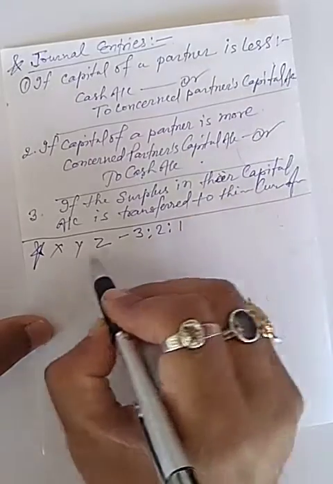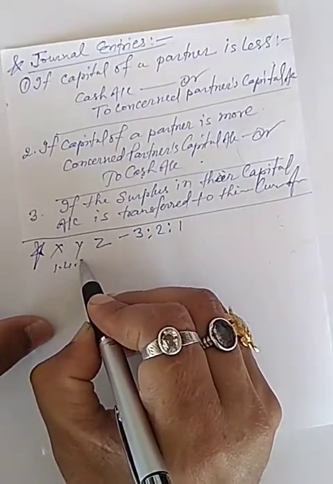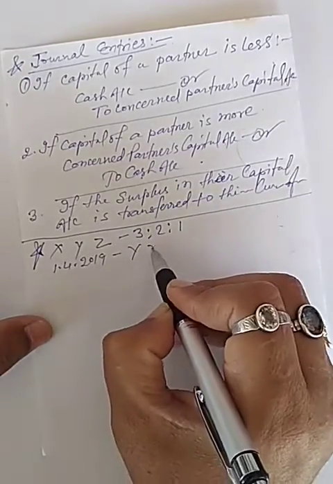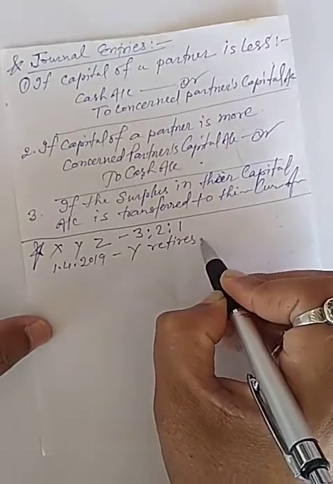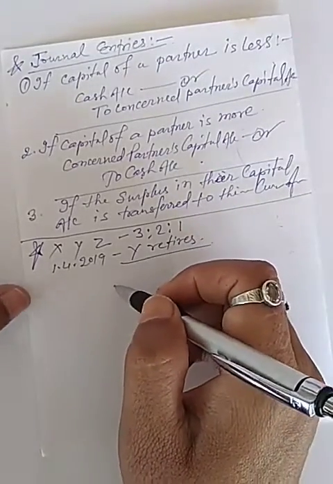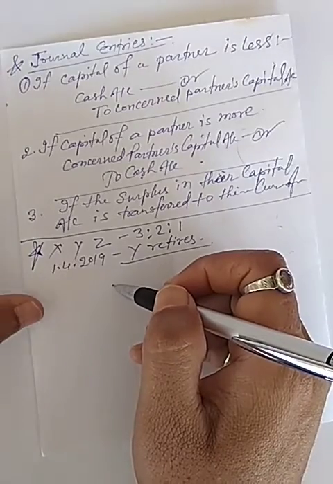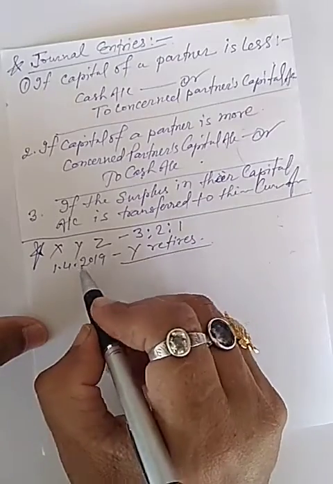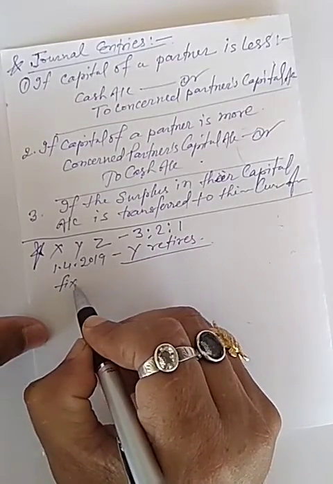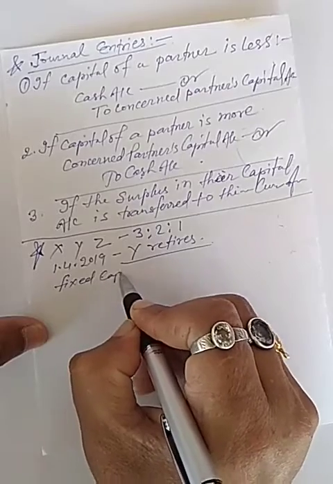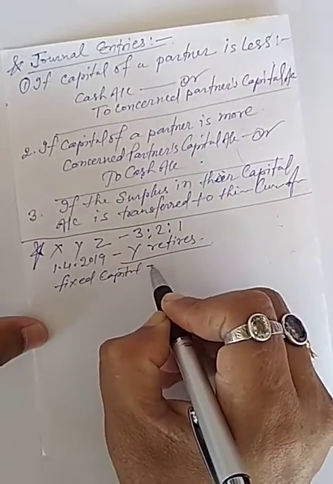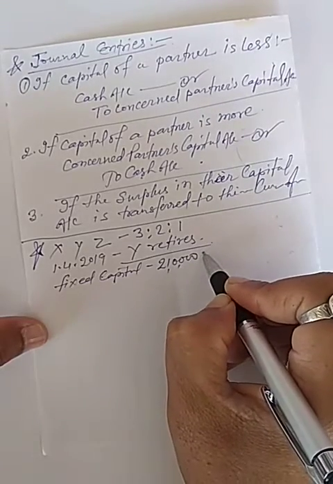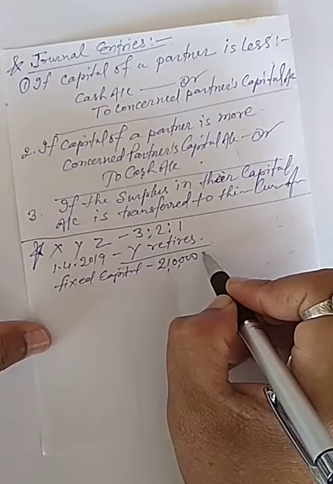On 1st April 2019, Y retires from the firm. X and Z agree that the capital of the new firm shall be fixed at 2,10,000 in their profit sharing ratio.